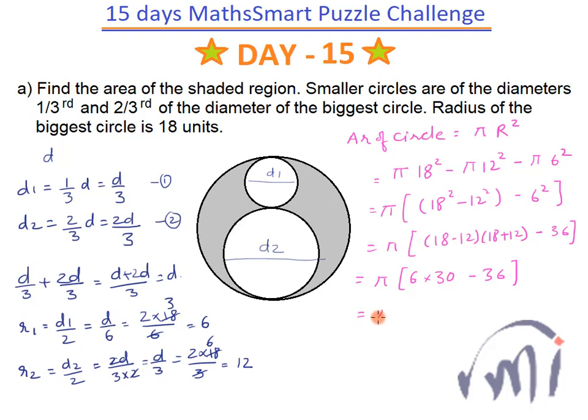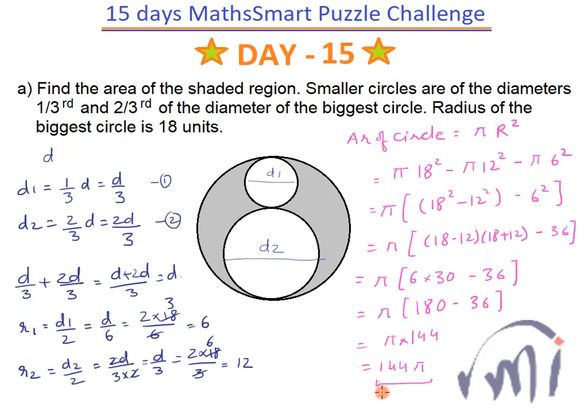This will be equal to pi multiplied by 180 minus 36, that is pi multiplied by 144, or you can write it as 144 pi. So this will be the area of the shaded region. You can substitute the value of pi and solve it again and you will get a value in decimals. So this is the solution for the first problem.